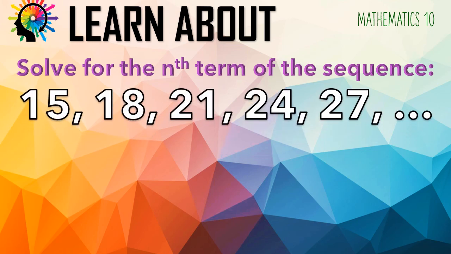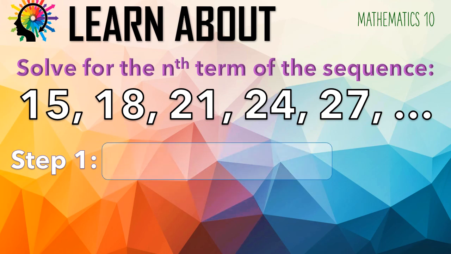So here we have 15, 18, 21, 24, 27. First step is we need to get the necessary data for our formula. We need a sub 1, the first term, and d, the common difference. Let's identify those using the given sequence. Our a sub 1 is 15, and for the common difference, we subtract the first term from the second, the second from the third, the third from the fourth, and we will have 3.